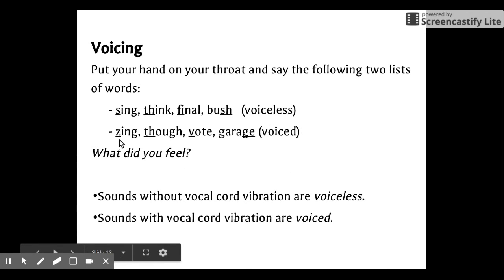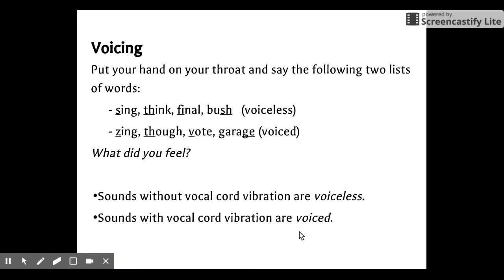On the other hand, if you say this list: zing, vo, volt, garage, you can feel that your throat has some vibration. So sounds without vocal cord vibration are voiceless, and sounds with vocal cord vibration are voiced.